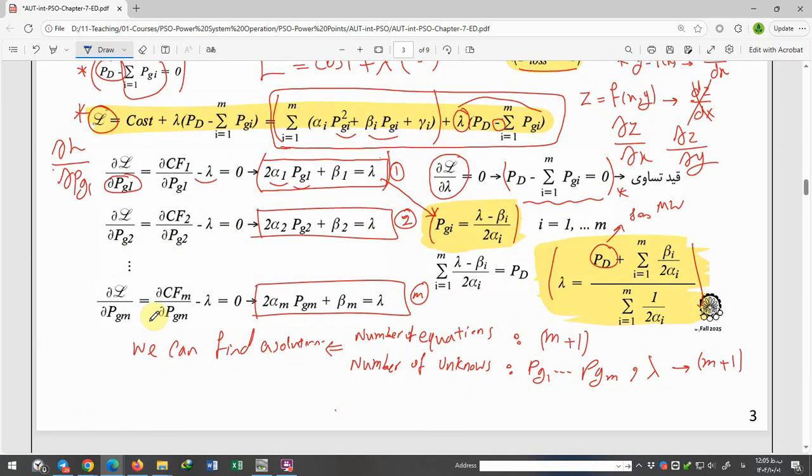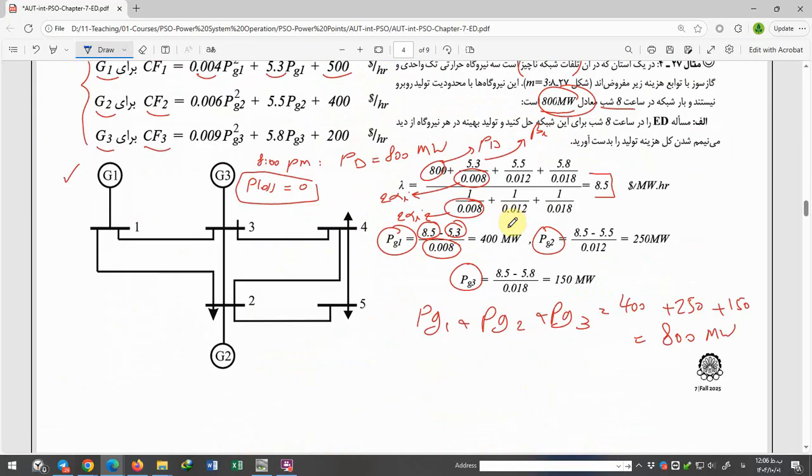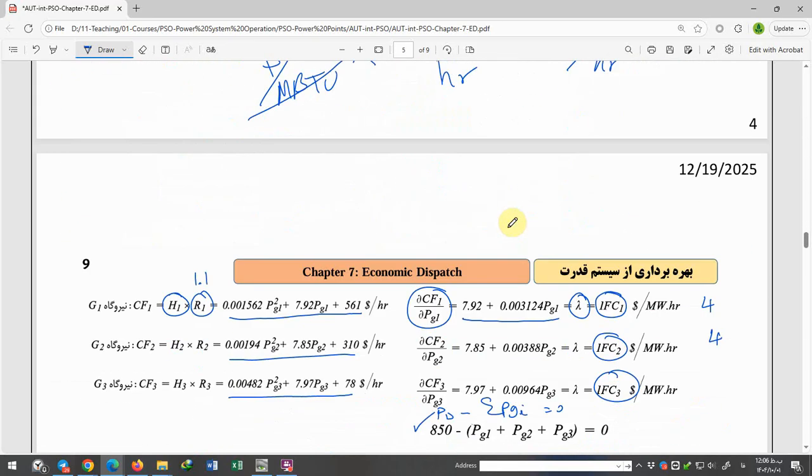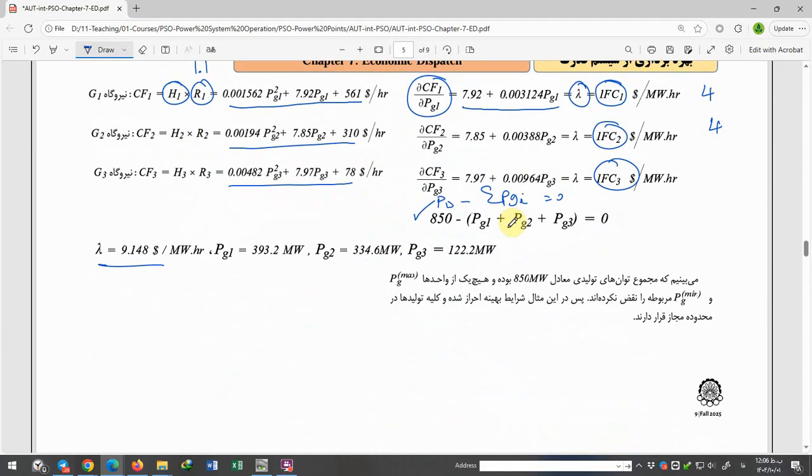Remember that these equations are for when you suppose that the loss is 0. By using these equations, the lambda is $9.148 per megawatt hour, PG1, PG2, and PG3.